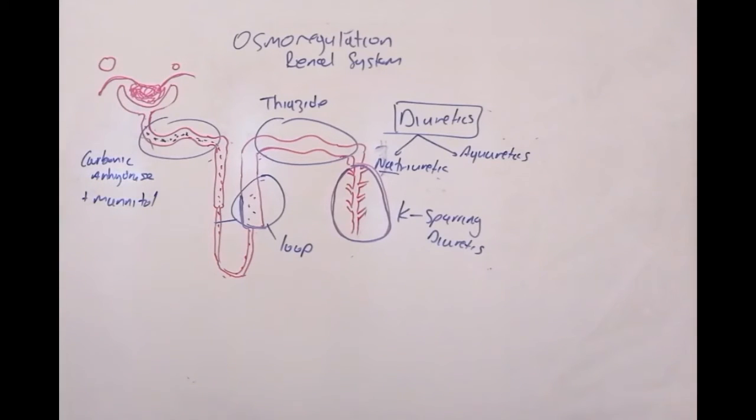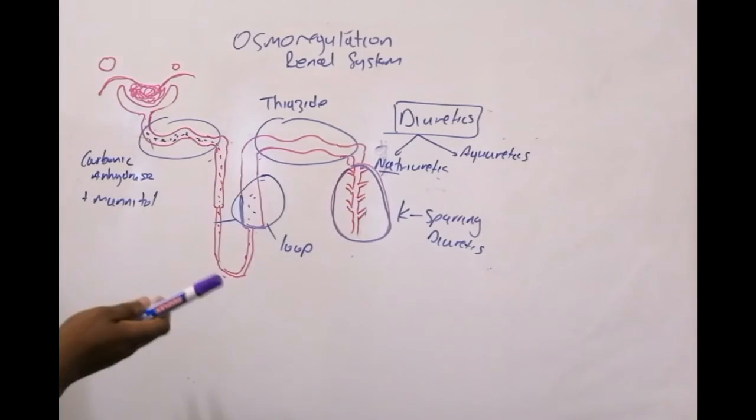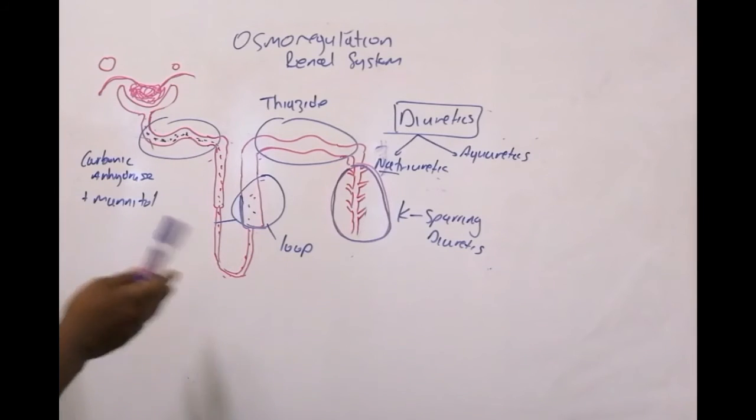If you look at this, it makes sense why mannitol and acetazolamide are more potent than the other diuretics, because they work at a section where a lot of water is being reabsorbed. It makes sense why loop diuretics are more potent than thiazide and potassium sparing, because they work at a more proximal site.